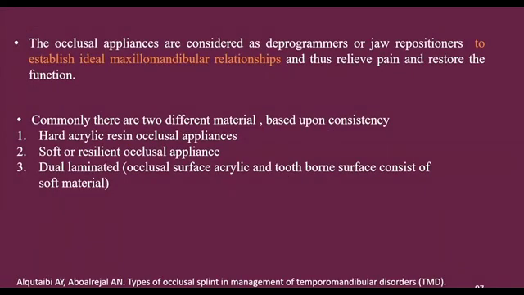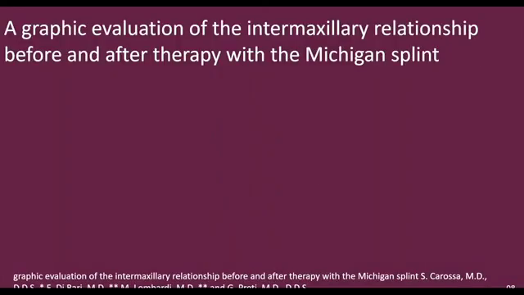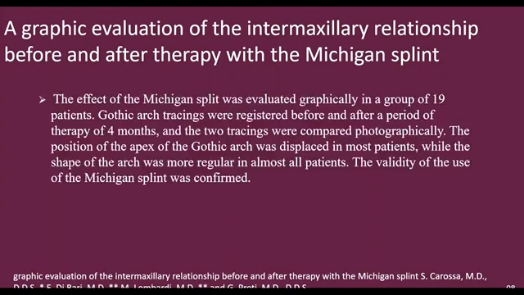Commonly, there are two different materials based on the consistency: hard acrylic resin occlusion appliances or soft or resilient occlusion appliances. There are also dual laminated ones. A graphic evaluation of intermaxillary relationship before and after therapy with Michigan splint. Now, the effect of Michigan splint was evaluated graphically in a group of 19 patients.